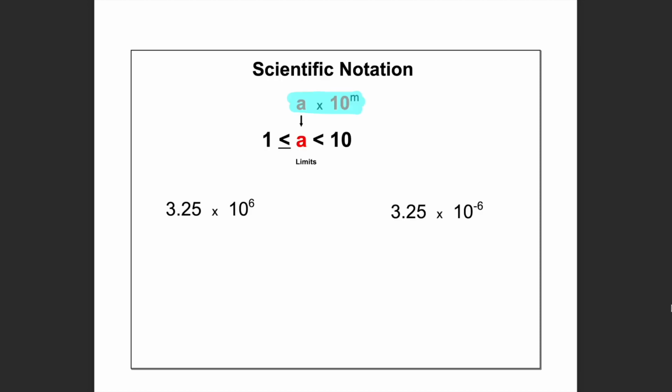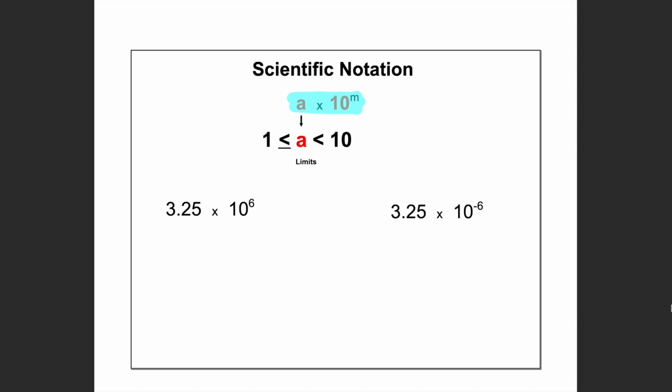Okay, so first of all, with scientific notation, it's going to be a number times 10 to an exponent. And that number we're going to call a. And a is somewhere between 1 and 10. So in this case, on the left, we have 3.25 times 10 to the 6th. So 3.25 is between 1 and 10, and we're multiplying it by 10 to the 6th.